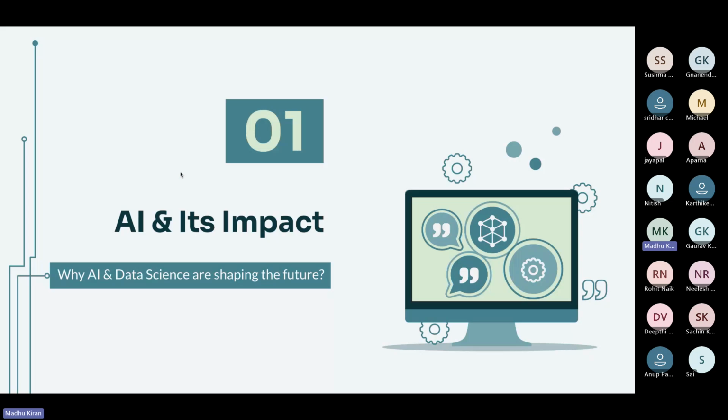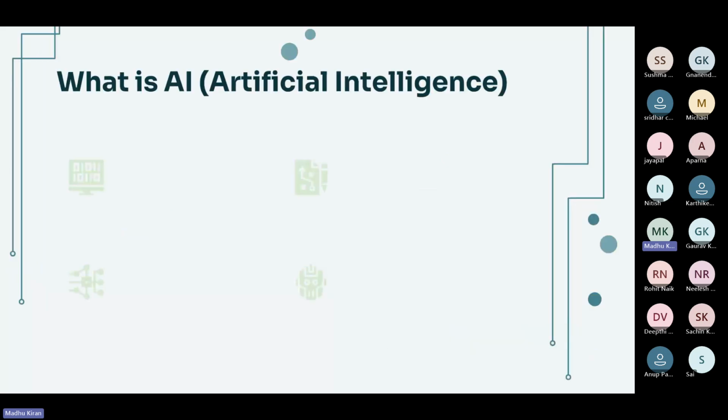And now we have seen the impact of AI. Then someone asks you what exactly AI is. AI is about making machines do things that usually require human intelligence. Any machine which has human intelligence, you can say that can be considered AI. Think about face recognition on your phone.